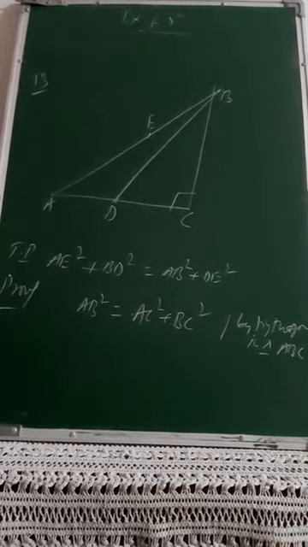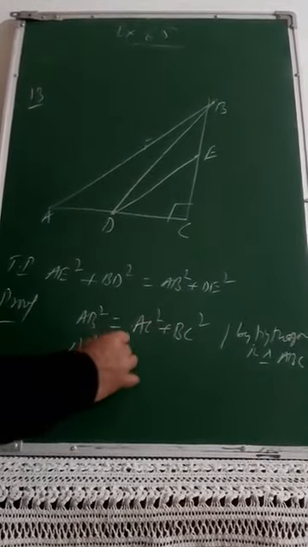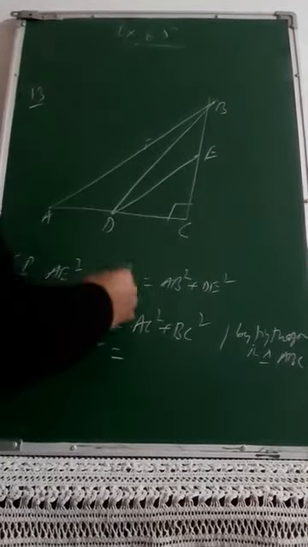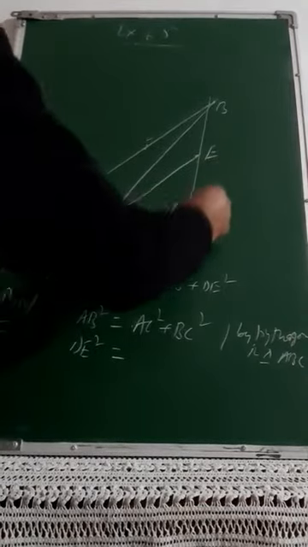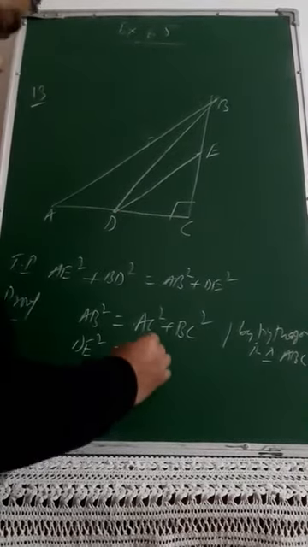So join BD and join DE. Now I need DE also. So what is DE square equal to? That is EC square plus DC square, again by Pythagoras. In which triangle? In triangle ECD.